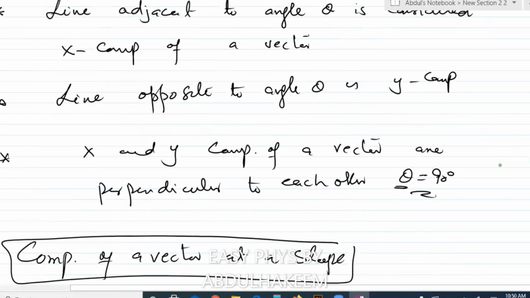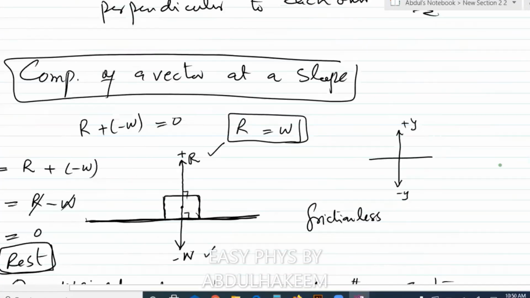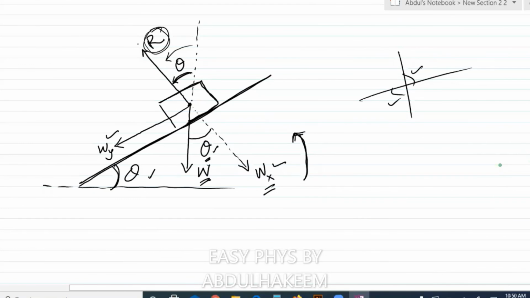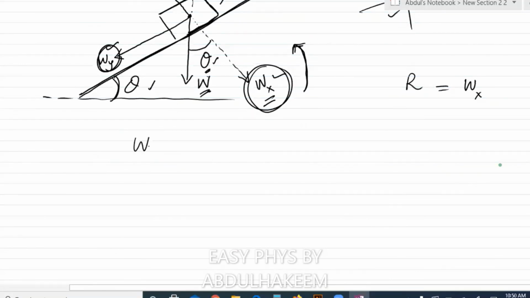So in this situation, this R is balanced by the WX. So we can write R is equal to WX, but this WY has no force at the back to balance it. So this WY component becomes unbalanced.